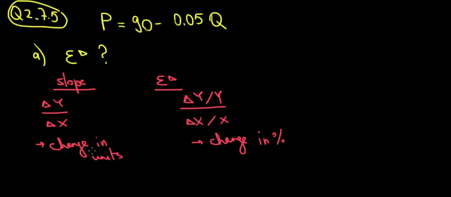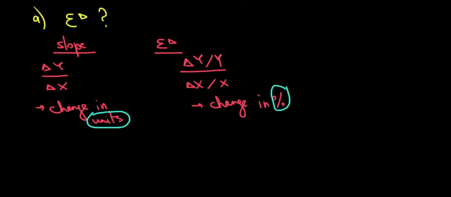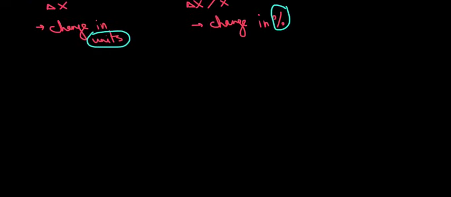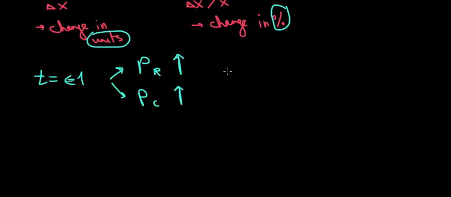And let's see why this is useful, how this is practical. Well, think about it this way. Suppose we have an increase in the price of rice due to a tax, and at the same time we have an increase in the price of a car also due to a tax. Let's say the tax is equal to 1 euro. Well, the price of the rice goes up by 1 euro and the price of the car goes up by 1 euro. But then, how does this help us?